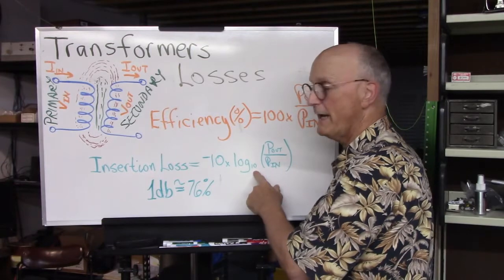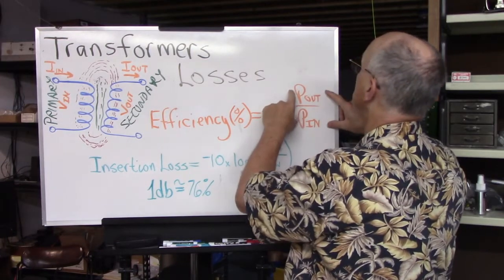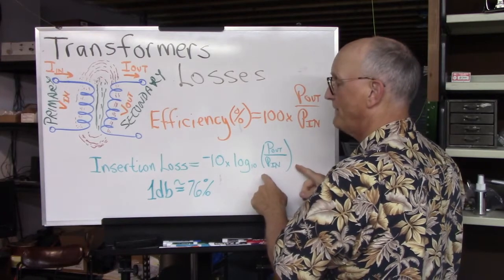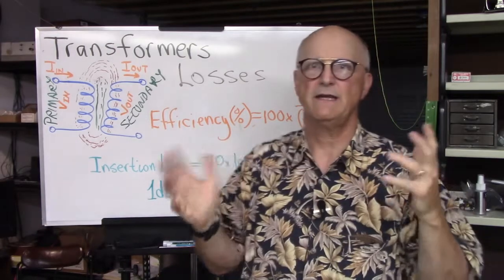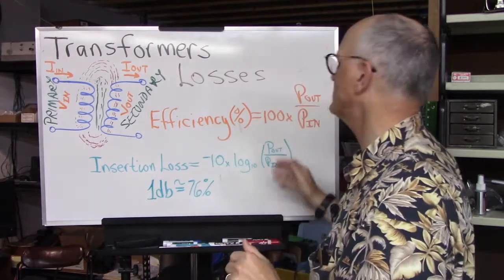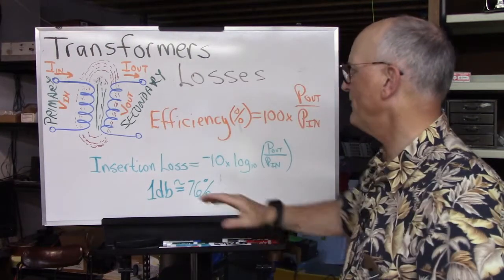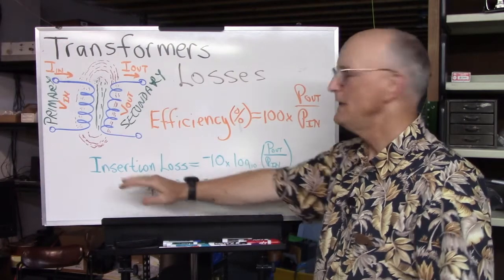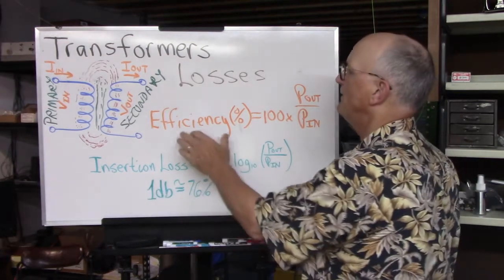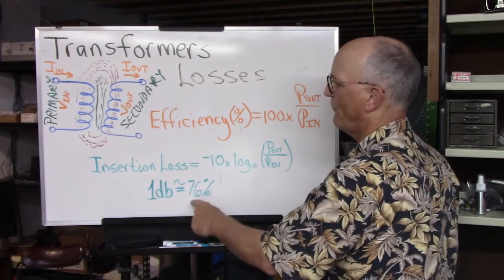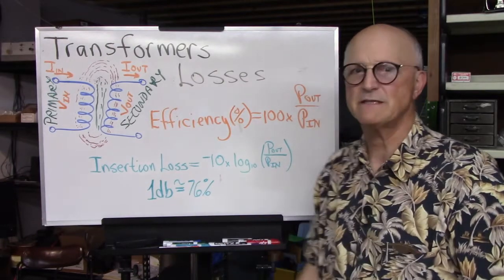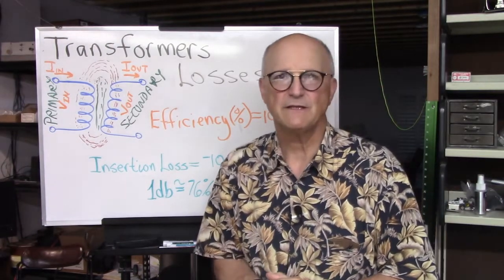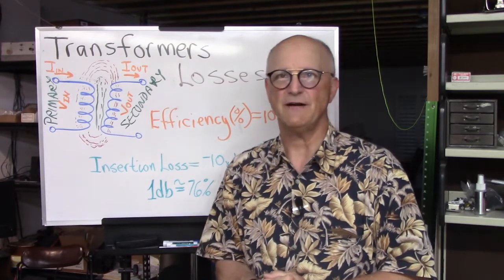Log to the base 10 of this same ratio of the power output divided by the power input. And to kind of give you an idea of the relationship between these things, if you go through and do all the math, 1 dB of insertion loss is equivalent to saying that the efficiency of the transformer is about 76%. So now let's take a look at the real inductors made with real stuff.